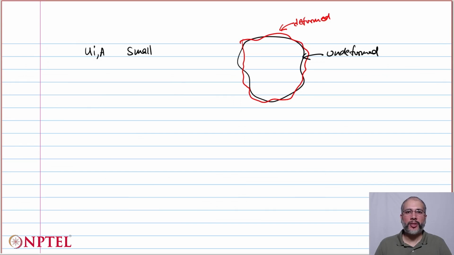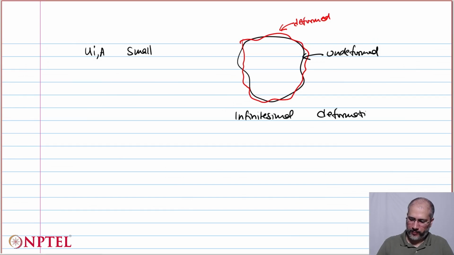There's an infinitesimal change between the two configurations. So the deformation in this case is infinitesimal. It's a very slight deformation. And when the deformations are infinitesimal, that means the displacements are really small and the displacement gradients are also very, very small.